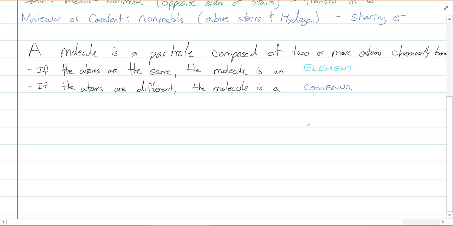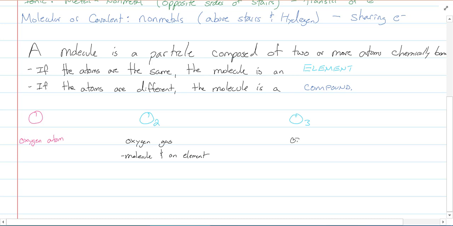So we have O, an atom. This would be the oxygen atom. O2. O3. So what's O2? O2 is oxygen gas. Right? It's a molecule and an element.